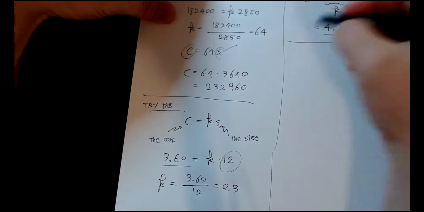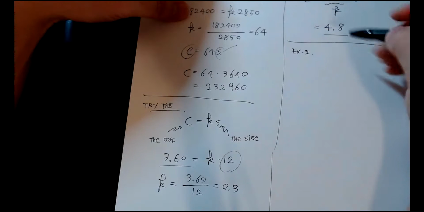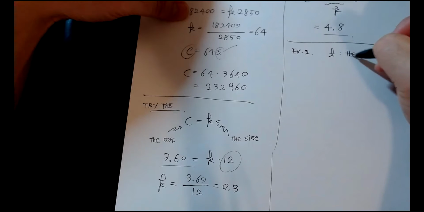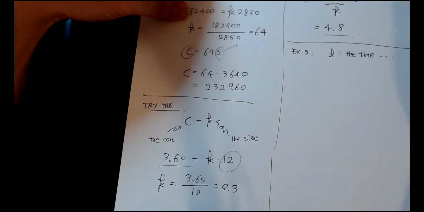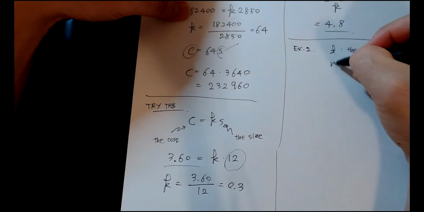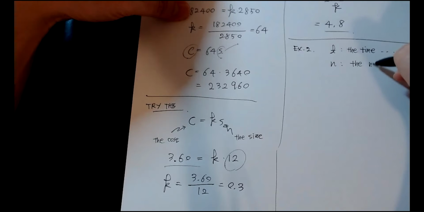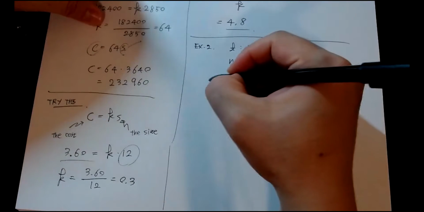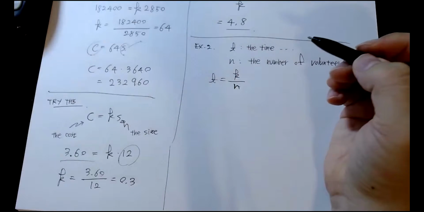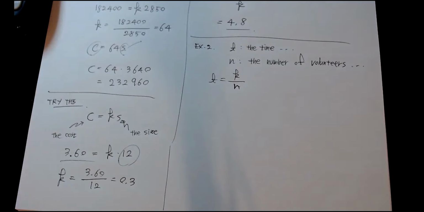So example two. Let's say t is the time it takes to remove all the campaign signs, and let's say n is the number of volunteers. Now t is equal to k over n, because the problem says the time varies inversely with the number of volunteers.